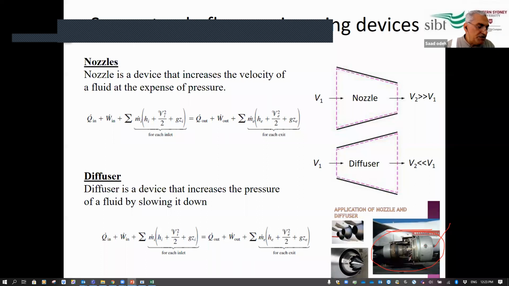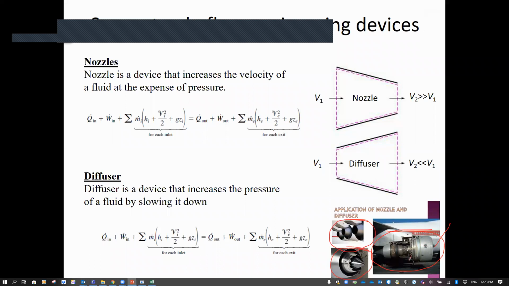While at the exit, can you see the exit here? This is the exit of the engine, the left side. So the exit, as you can see, is a nozzle because the exit part has a smaller area than the inlet. And in the nozzle, at the exit, now we need thrust. At the inlet, we were seeking the pressure to make combustion and make energy to rotate the turbine.